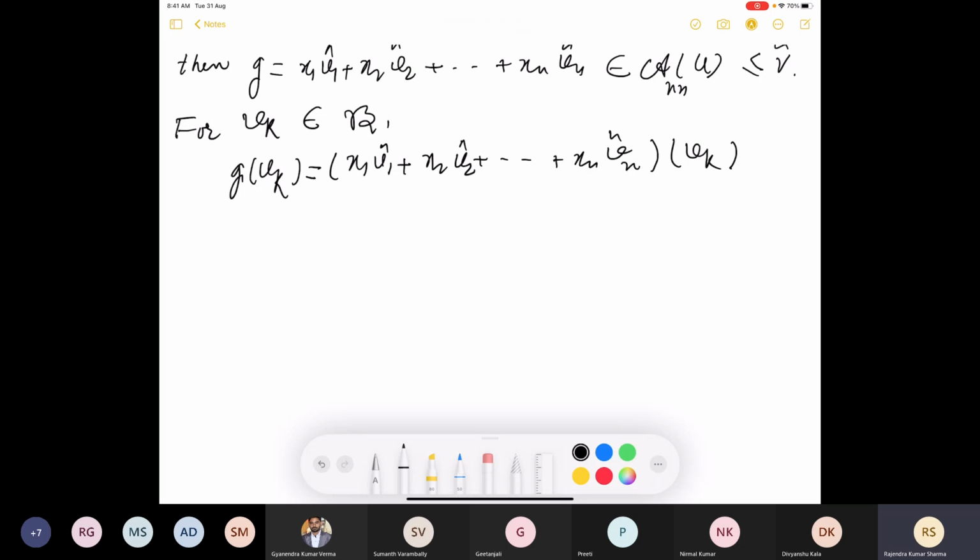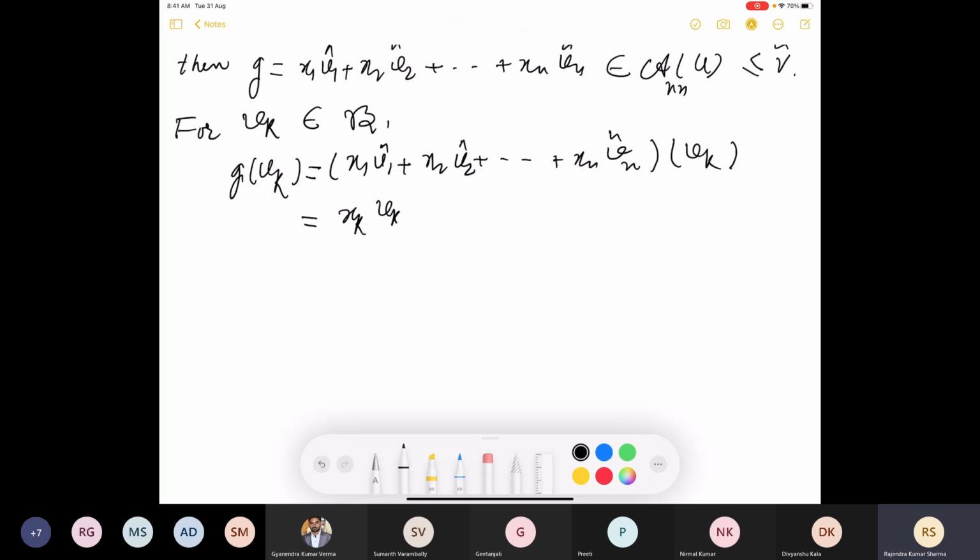Now what we know is that vi hat vk is delta ik. So from here we shall have only one term, which comes from xk vk hat, because all others will be 0.